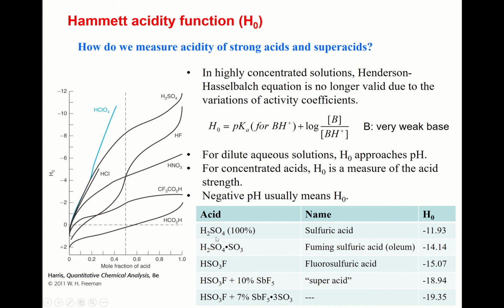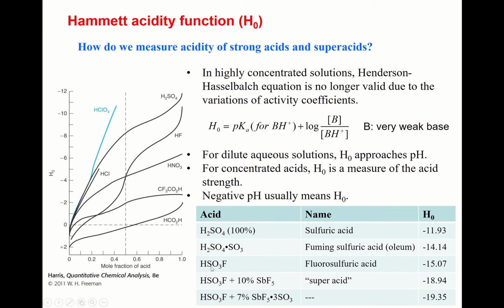For example, look at this. Sulfuric acid, 100%, is quite a strong acid, and if you blow sulfur trioxide, a gas, into the sulfuric acid, its acidity becomes even stronger.